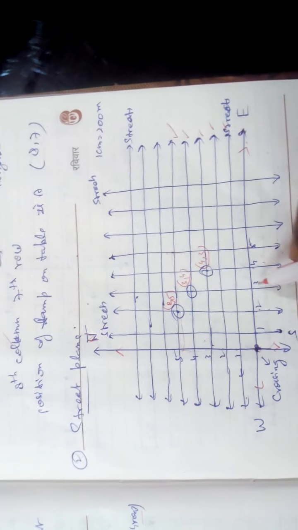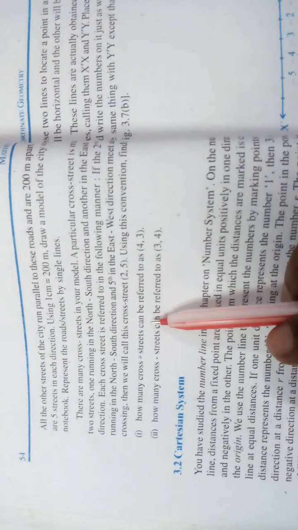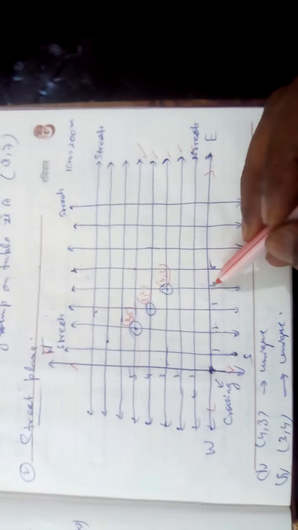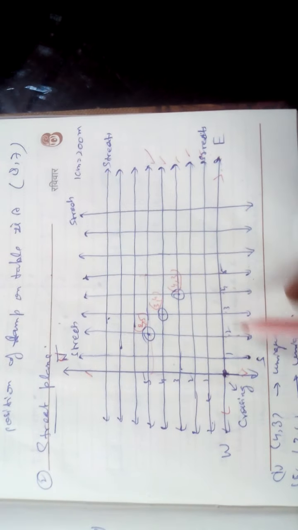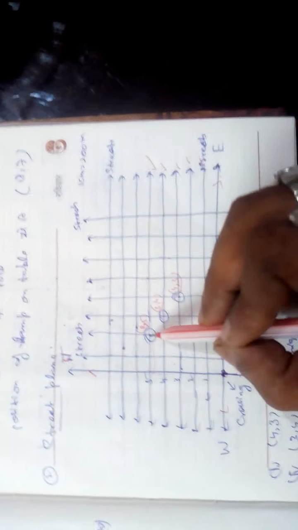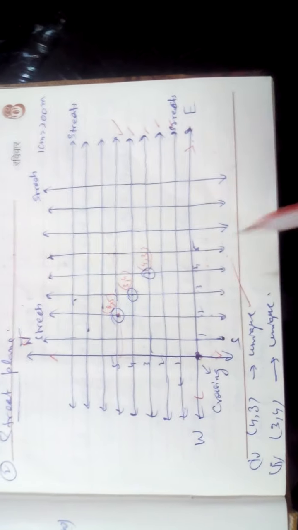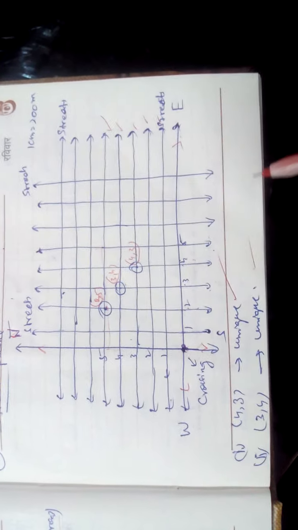First horizontal, then vertical. Here it is asked how many cross streets can be referred to as 4, 3. 2 comma 5 is already given in the question. 4, 3 is unique; there is no other point 4, 3. The other point is 3, 4, first 3 then 4. 3, 4 is also unique.